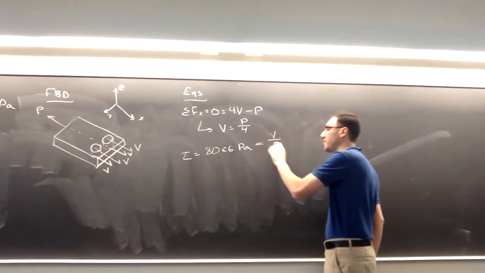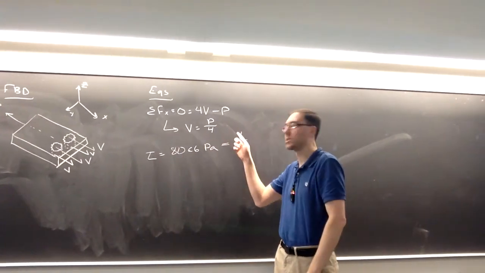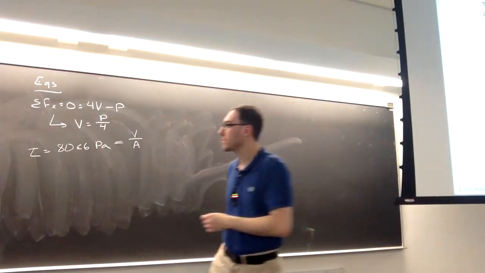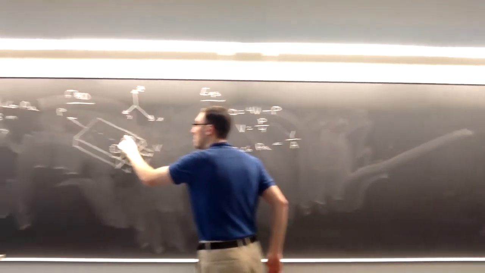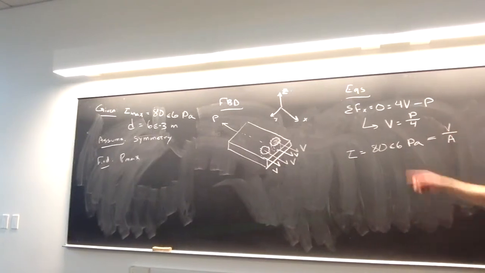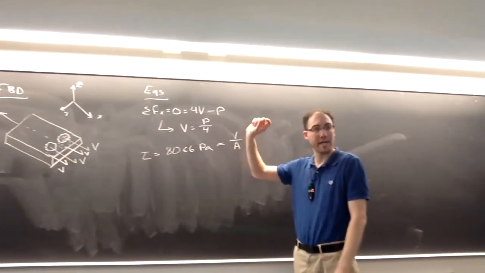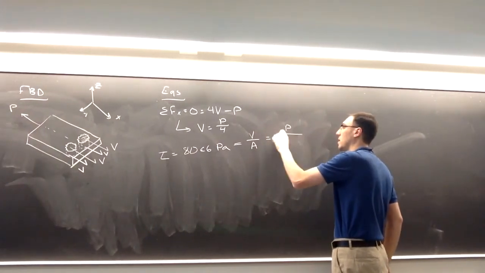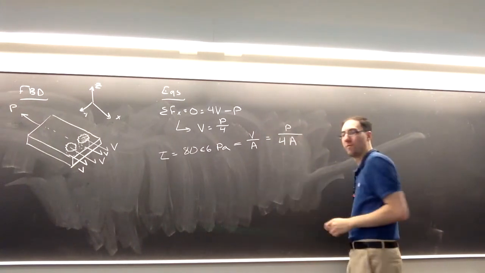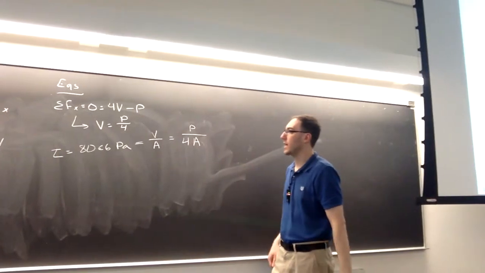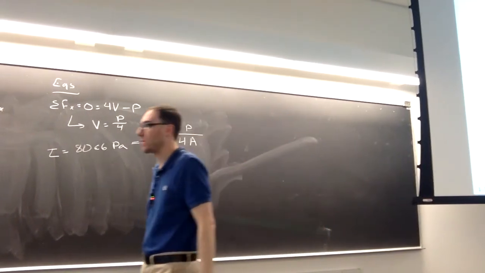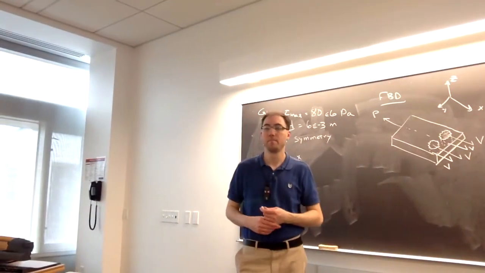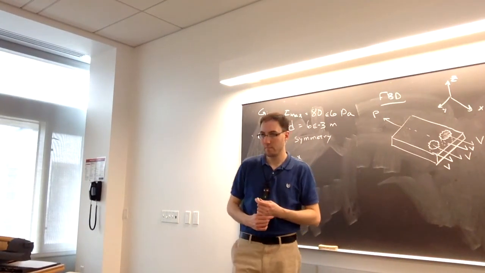So our calculation for what the shear stress is just V over A. We just found the internal shear force on each surface of the bolt was P over 4. How are we going to calculate the area that this internal shear force is acting on? Cross-sectional area of the bolt.